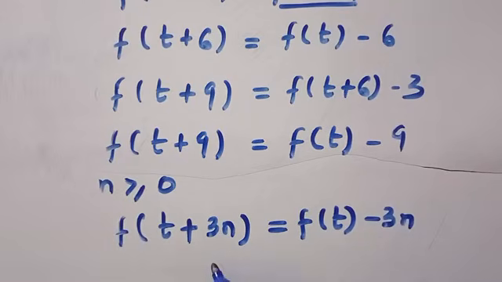So A is the general formula for this pattern. But how can we now get f of x that we are required to find? Let's solve this in a general form.